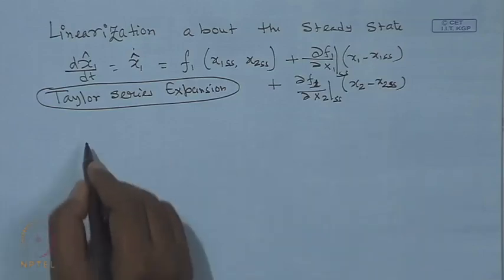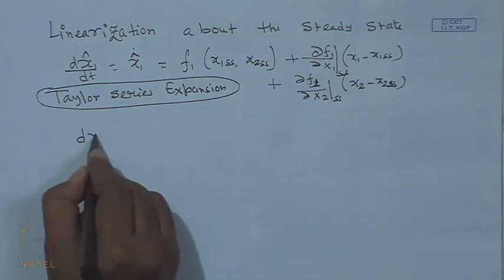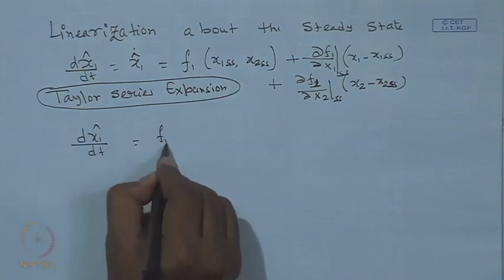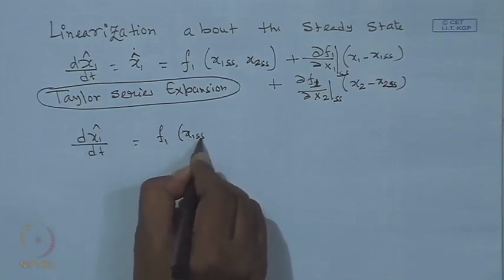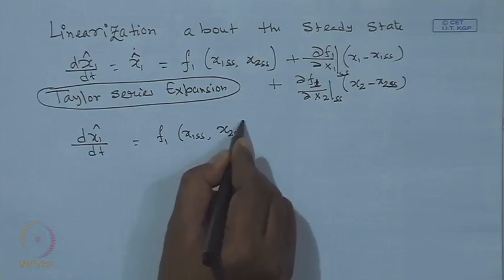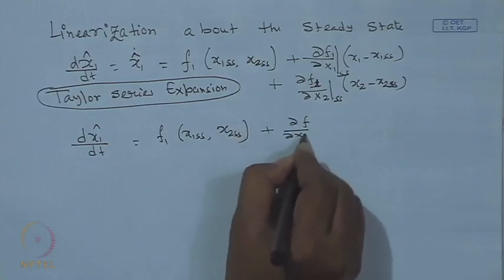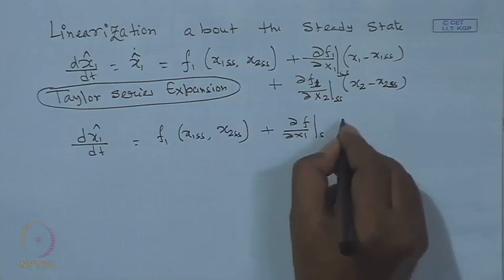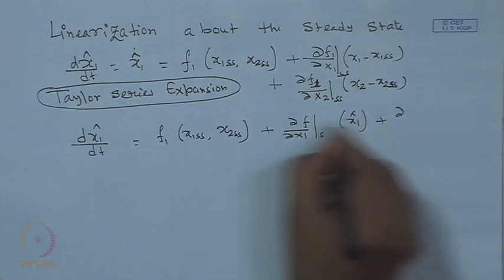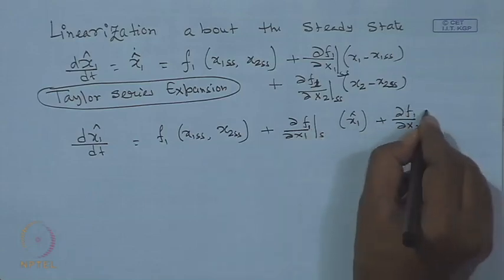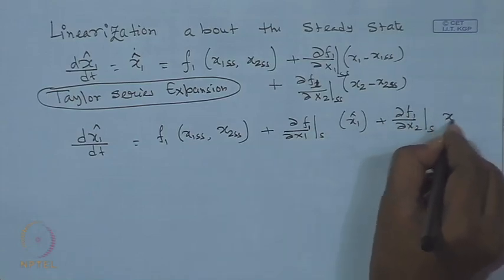So, therefore, we can write dx1 hat dt as nothing but f1 of x1 ss and x2 ss plus del f1 del x1 about the steady state times x1 hat plus del f1 del x2 at the steady state times x2 hat.